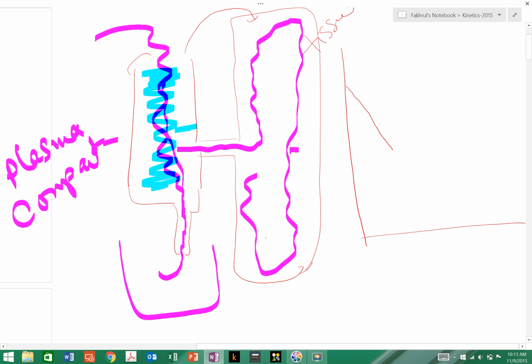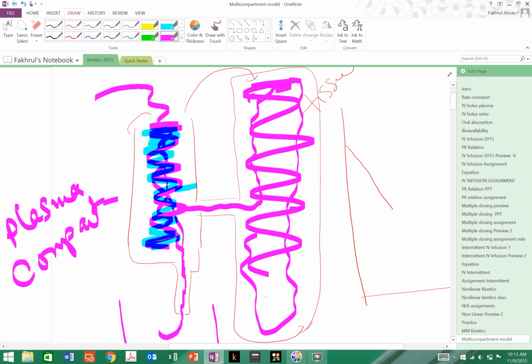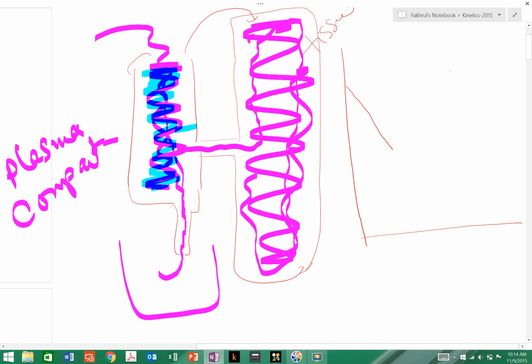And then at a certain point, there will be an equilibrium. After a certain time, there will be two phases. There is a sharp fall because the drug is moving from this compartment to that compartment, from central to peripheral compartment.